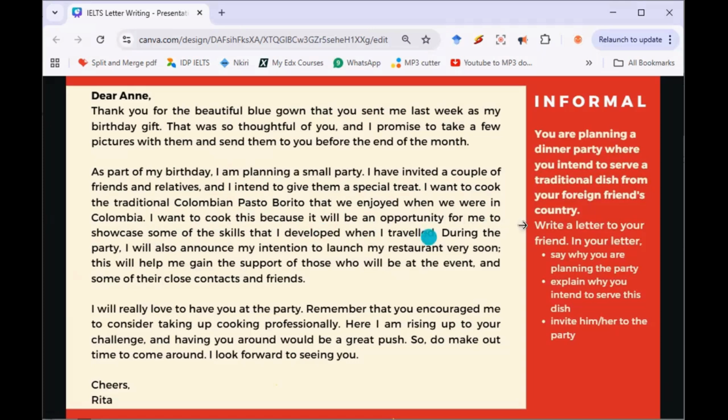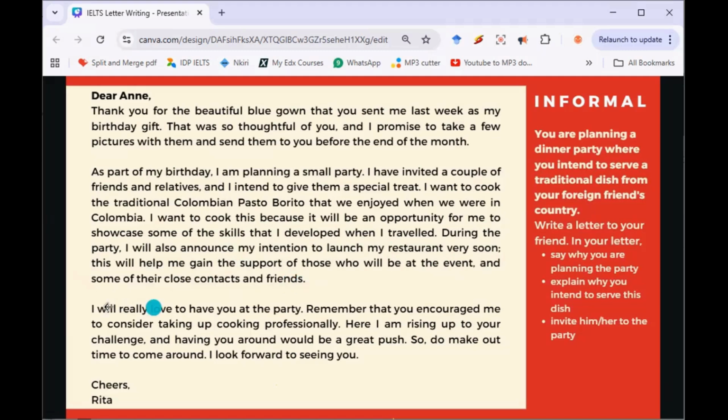Can you see that? Explain why you intend to serve this dish. Can you see she has given the reason? To showcase some of the skills that she developed when she traveled. During the party, I will also announce my intention to launch my restaurant very soon. This will help me gain the support of those who will be at the event and some of their close contacts and friends.